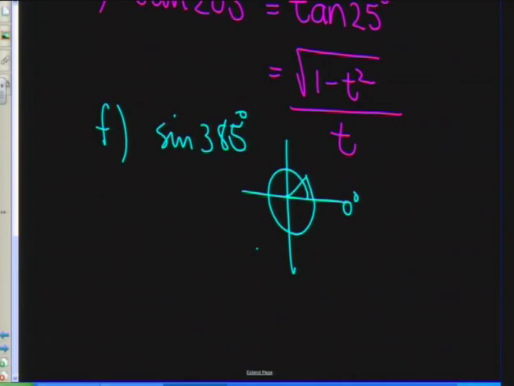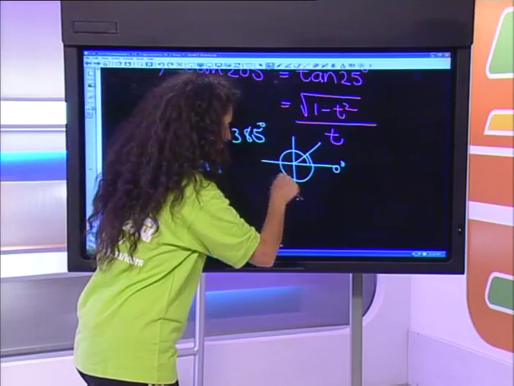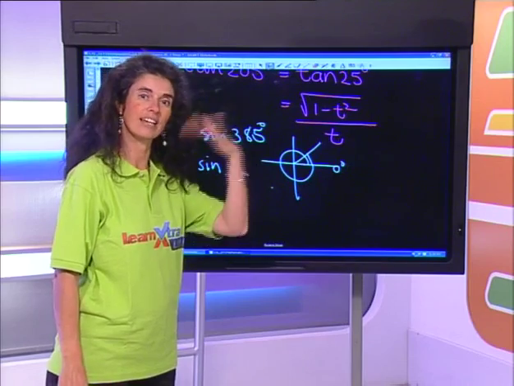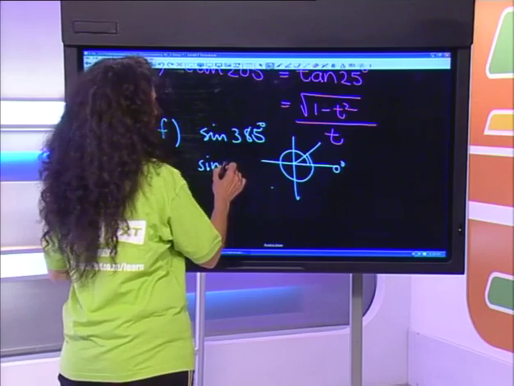So the terminal ray starts becoming a second revolution. And so with any angle larger than 360, I would say to my calculator, put in 385, and I would take away my 360 degrees. So I land up in the quadrant that the second revolution was going in. And so we see that that would be the sine of 25.